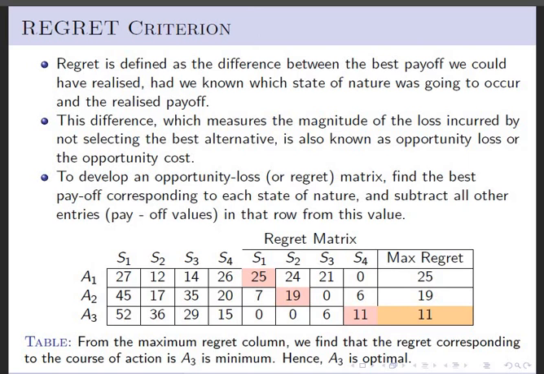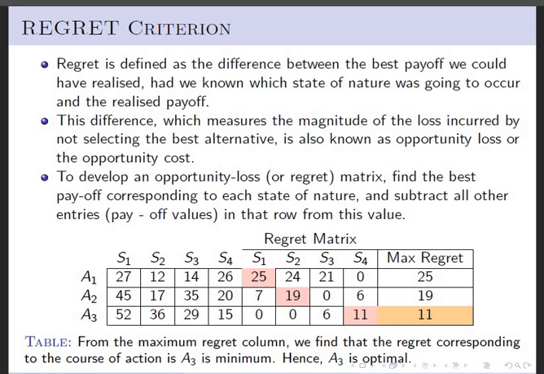From this table, in the column of the state of nature S1, 52 is the maximum. Hence, subtract 27 from 52, 45 from 52, and 52 from 52. Do the same for the other columns and we find the regret matrix. For each alternative, find the worst, that is maximum, regret value.